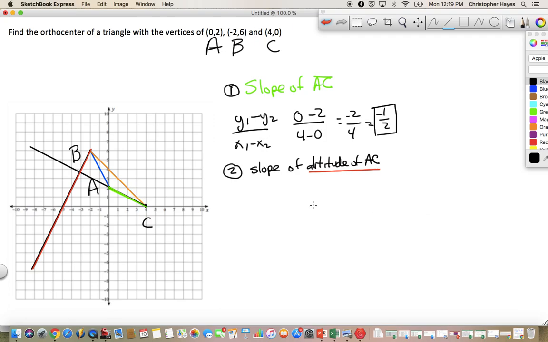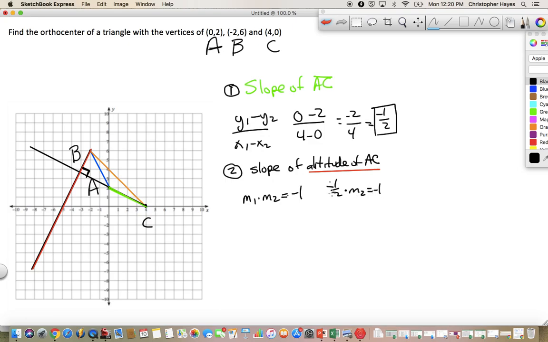Okay, so to do that, what I know is that they make a right angle right here, and 2 lines that are perpendicular to each other have negative reciprocal slopes. So I know that m1 times m2 is going to equal negative 1. So this slope is negative 1/2 times m2 equals negative 1.